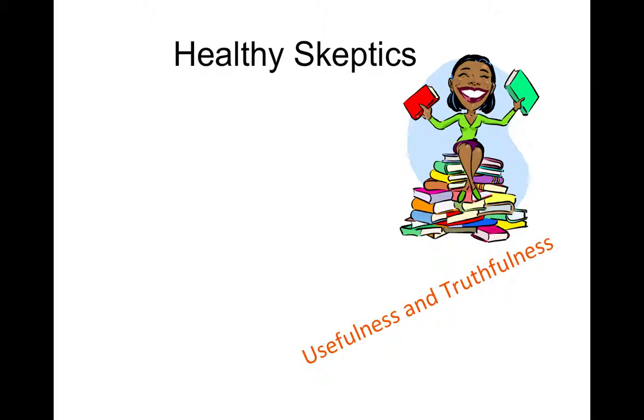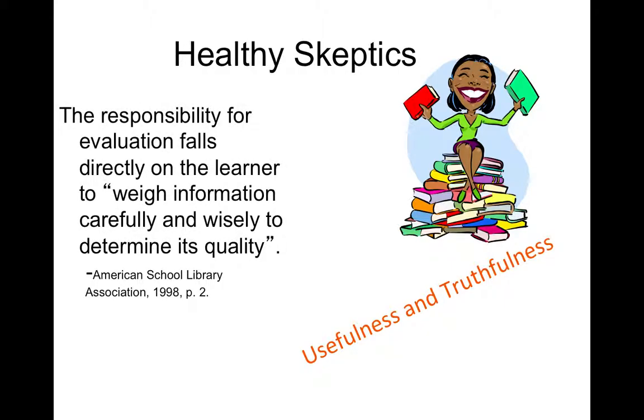Then the other aspect of evaluation is truthfulness, and is this information accurate? And that's a tricky one for children too, but also adults. And so maybe there's some tips that you'll learn that will help you in this area. Healthy skeptics is what we want our students to be, because there no longer is someone there to make those decisions about usefulness and truthfulness for them.